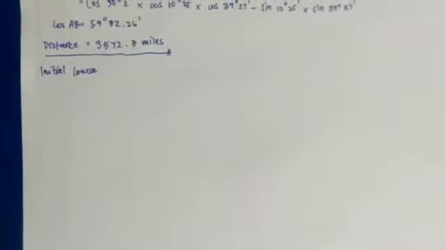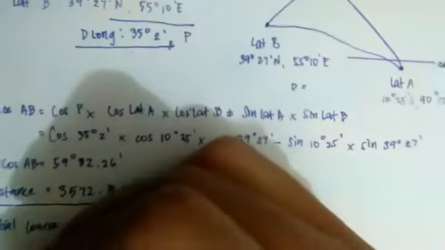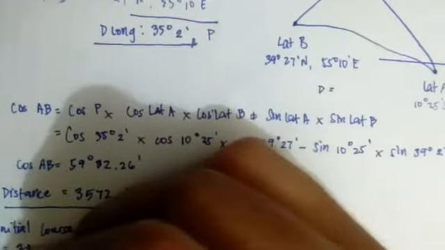Since we already have our distance, next we need to find our initial course. In getting our initial course, first we need to input our given values. Our d long, which is needed in solving our initial course, is 35 degrees and 2 minutes.